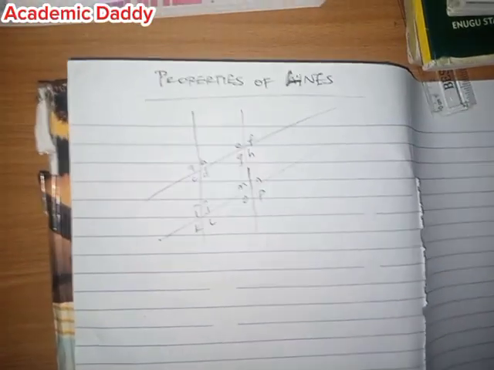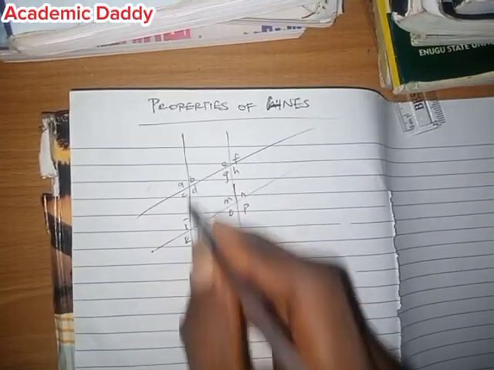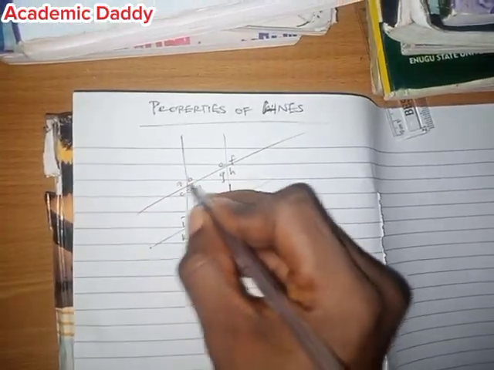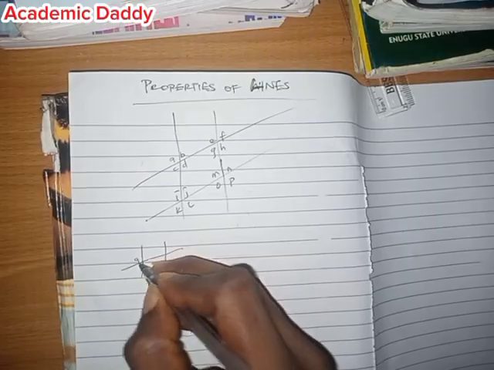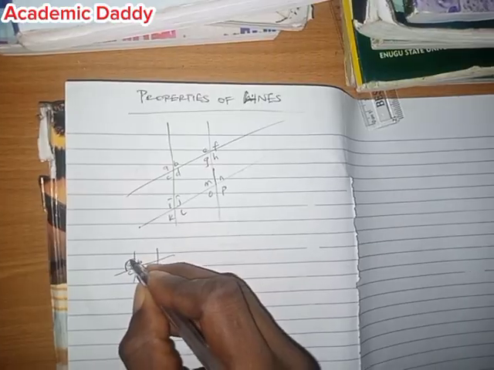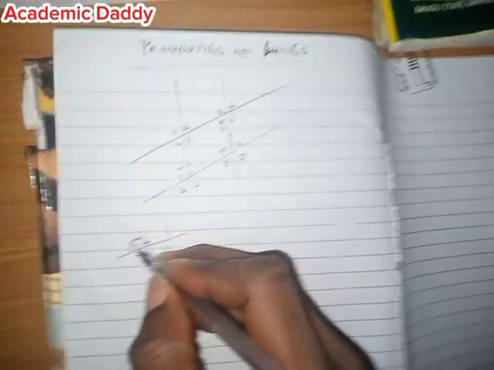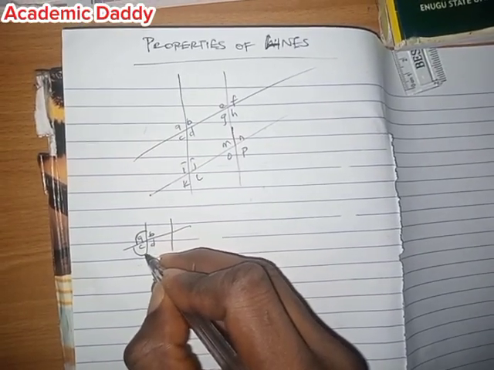Now notice something. The first property I always advise my students to take note of is what we call adjacent angles. Notice on this line, just this top part, I have A, B, C, D. Notice that this line forms an angle, and this angle is close to this.